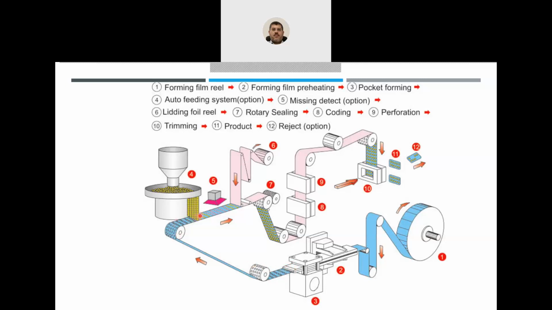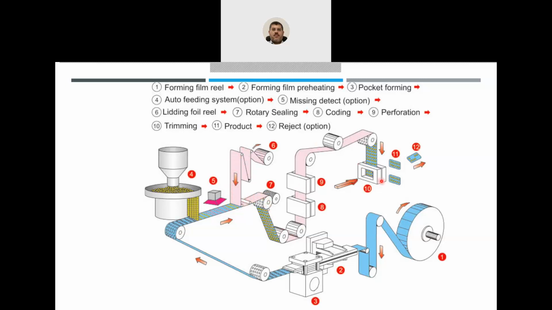After this, it will pass through the feeder and hopper. So each pocket or each blister will take one capsule or tablet. Then this is the roll for the aluminum sheet or aluminum layer. It will be sealed onto the PVC blisters. Okay, so now you have it closed.